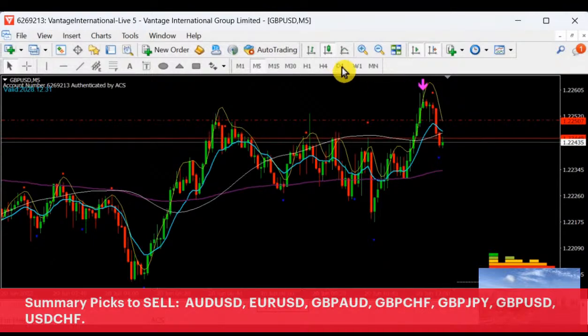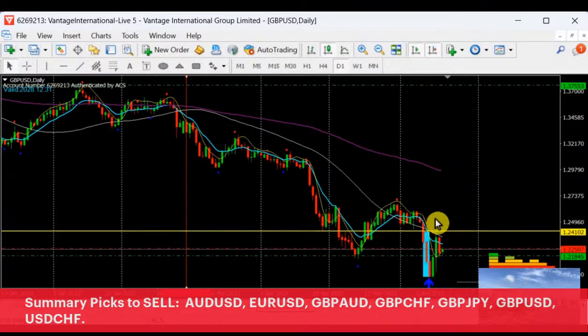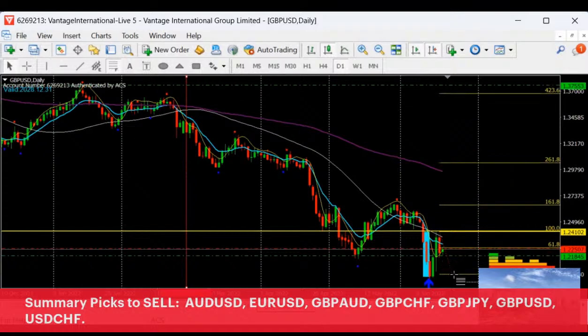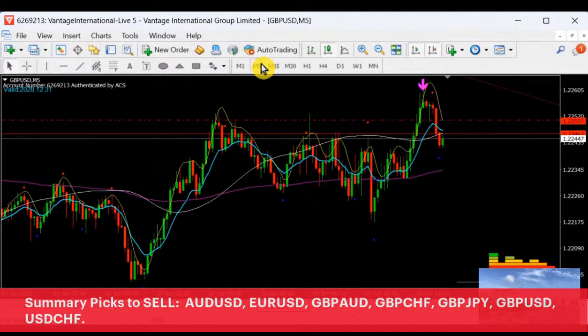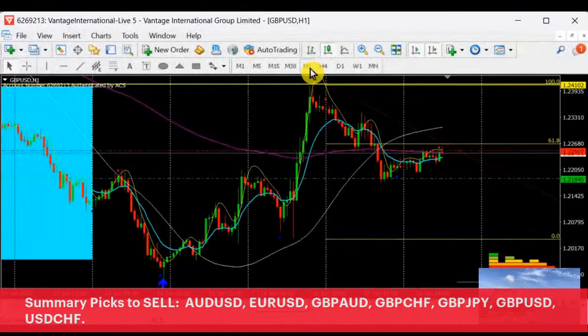The third candle, this candle, from the top wick to the bottom. 61.8 is the resistance. As you can see, guys, 61.8 here is the resistance.